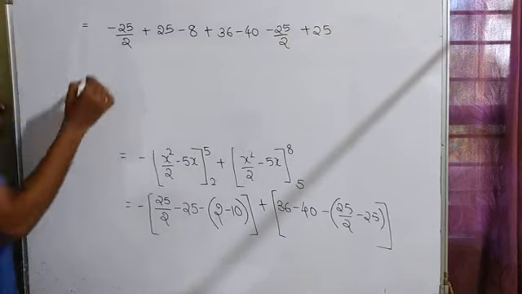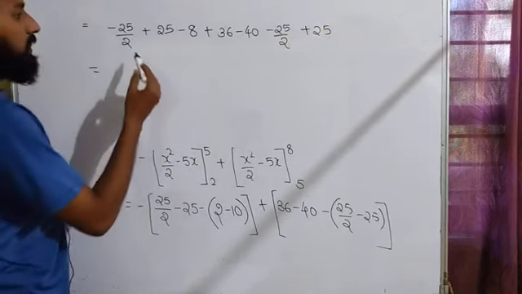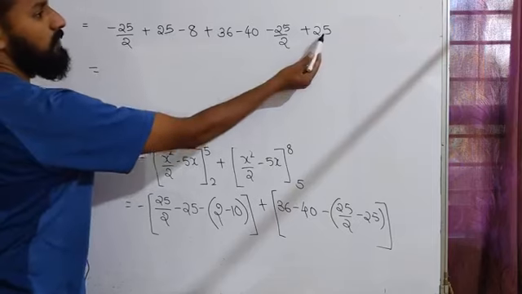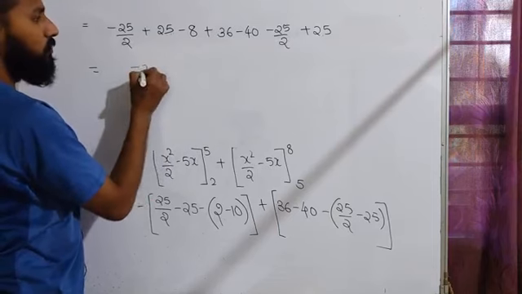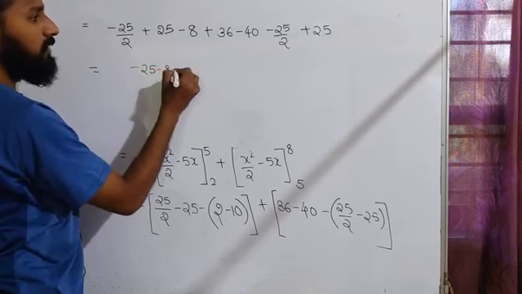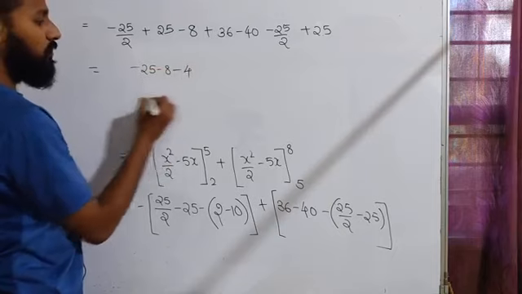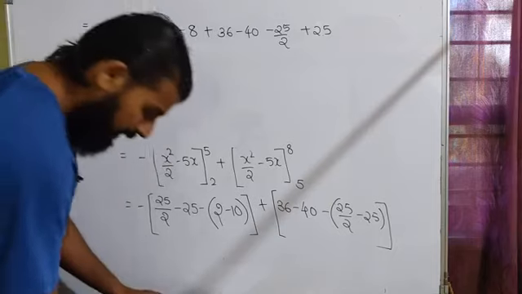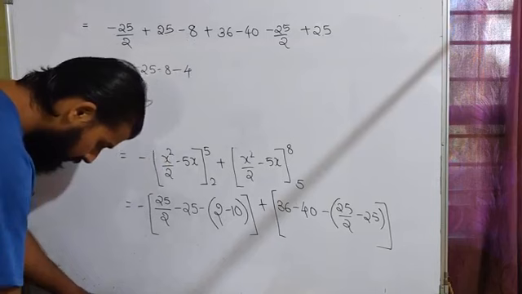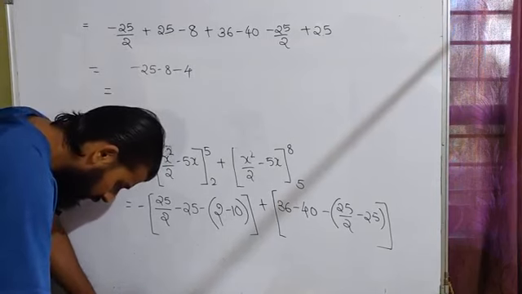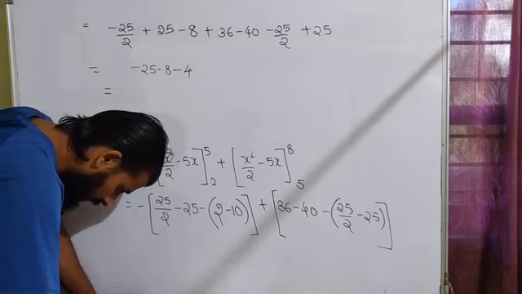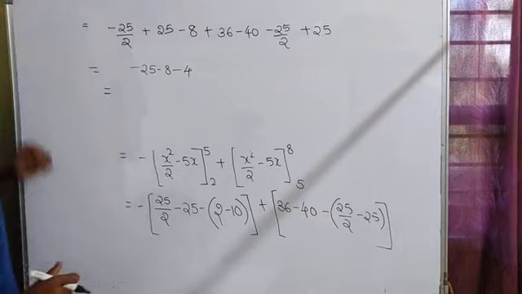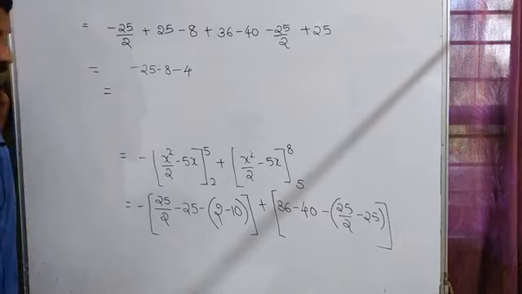So if I calculate everything, I think 25 plus 25 will be 50, and this will be minus 25. So minus 25 minus 8, and this will be minus 4. Let me see the answer, my dear friends. This is question number 6. I think we got 9 as the answer. But yeah, somewhere something is going wrong.